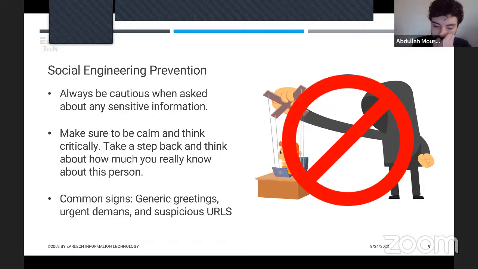Common signs are generic greetings, urgent demands, and suspicious URLs. These common signs are very similar to phishing because phishing is just a form of social engineering. Social engineering could be just an umbrella term for anything manipulative or anything of that nature.